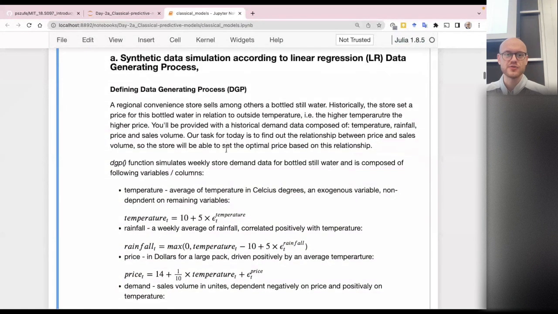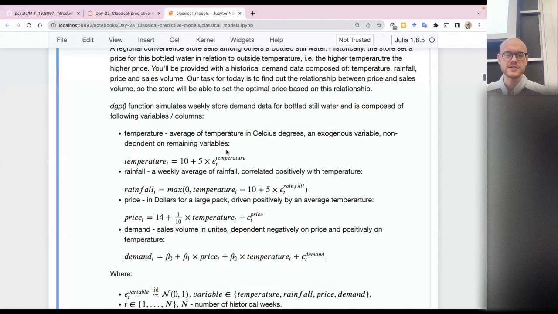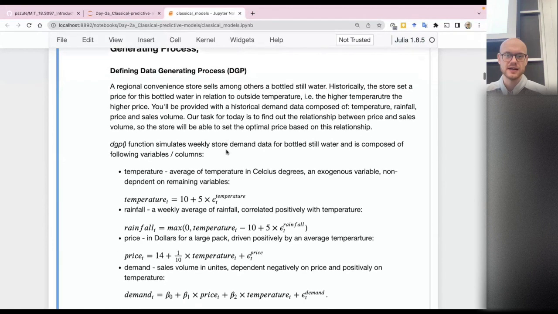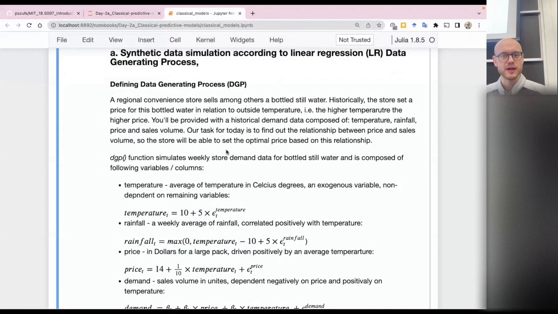So now let's go through a description of the data set, which is the data generating process. This is what we call in econometrics the mechanism by which data is generated. You can imagine we are a store manager, or we are providing consulting services to store managers about how to set optimal prices.